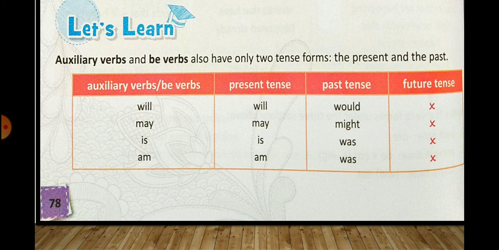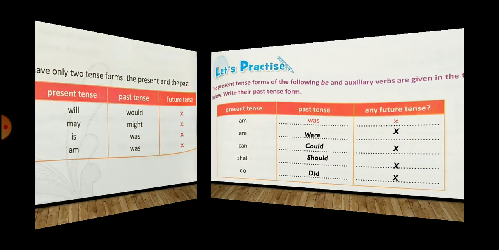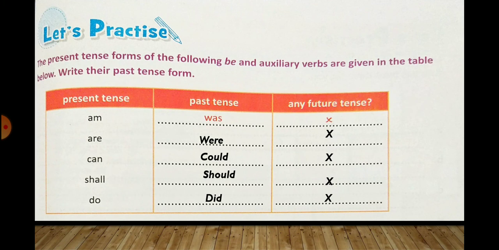There is nothing known as future tense. So there is a cross put in the column of future tense. You have to understand it very well that for the time expression of a verb, there are only two forms of verb. One is the present tense form, and the next one is the past tense form. There is nothing as such known as future tense form.